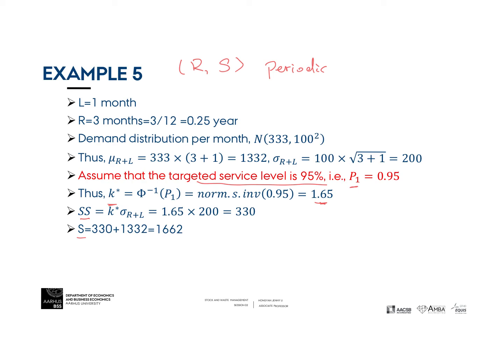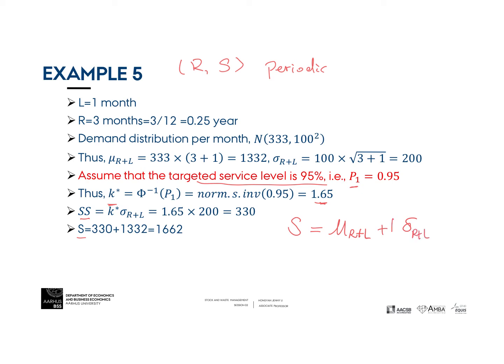So if we re-explain why we have this k value, then we can see your S, the order-up-to level, is the order quantity you are supposed to cover the demand for the period R plus L, plus your standard deviation.